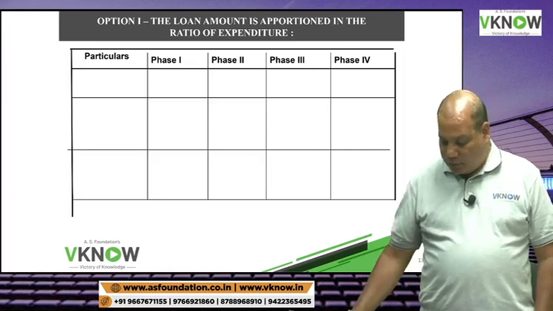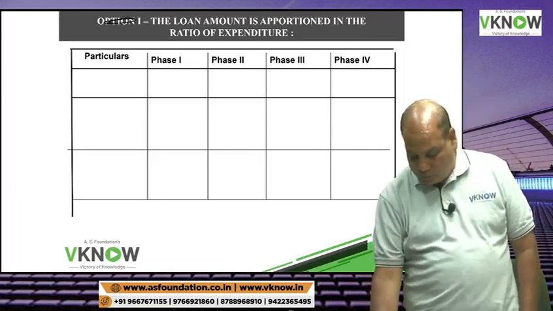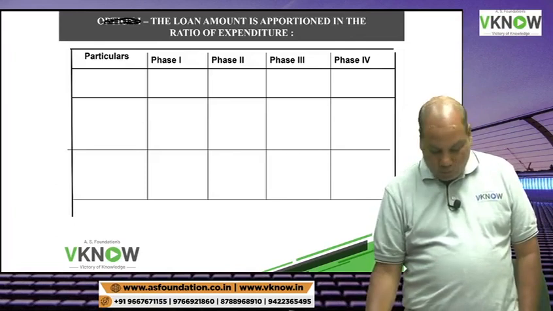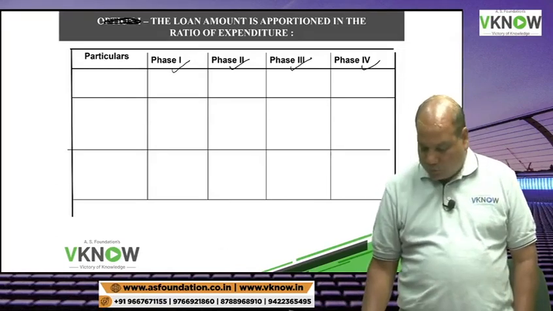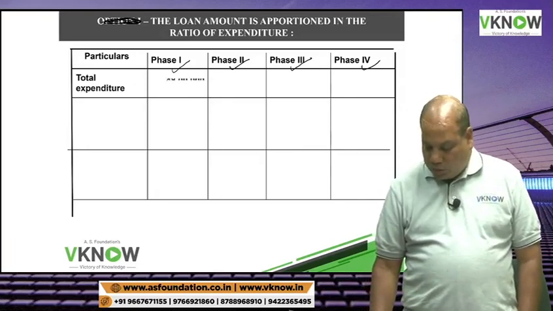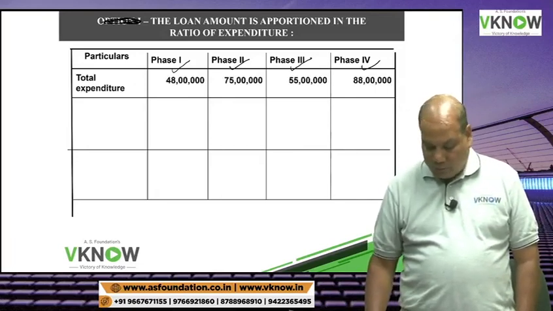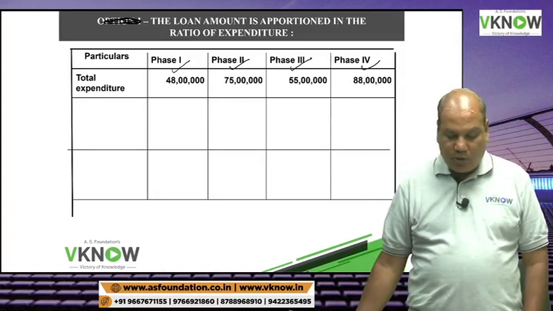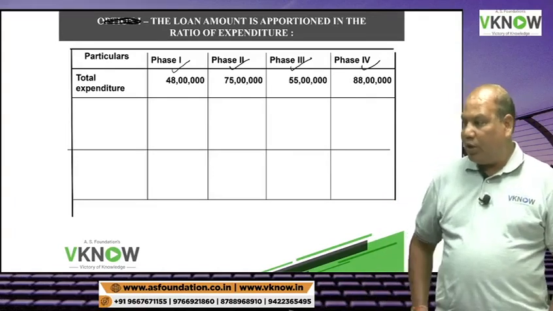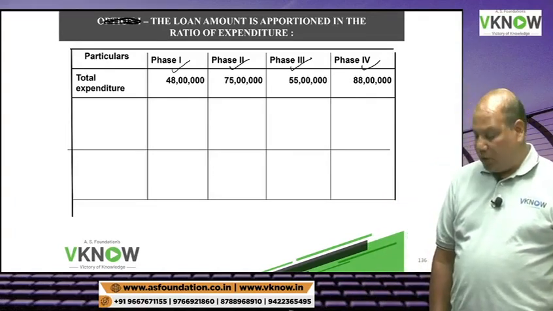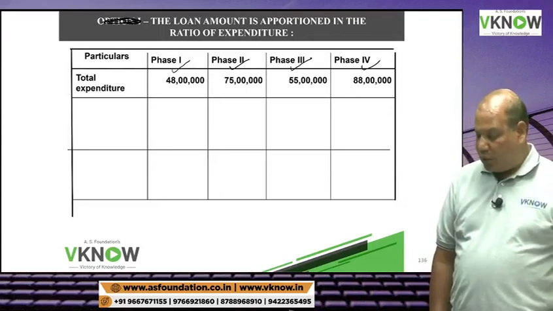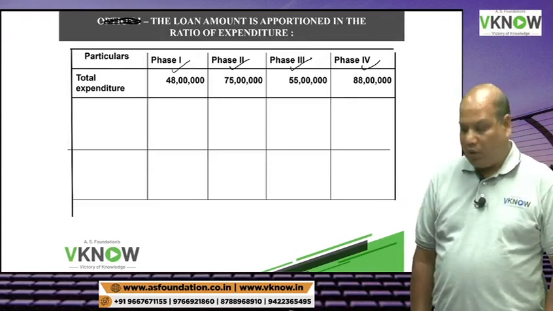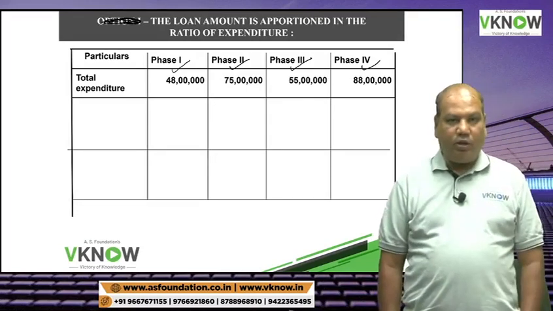So write down phase 1, phase 2, phase 3, phase 4. Total expenditure incurred, write down total expenditure, cash plus plant: 48 lakh, 75 lakh, 55 lakh and 88 lakh.